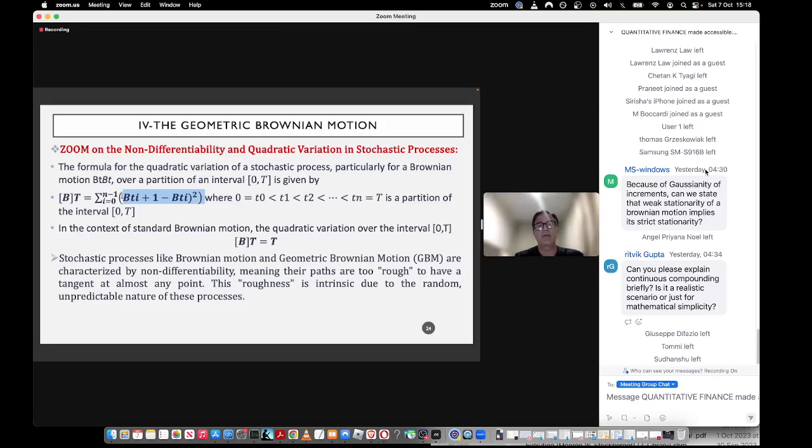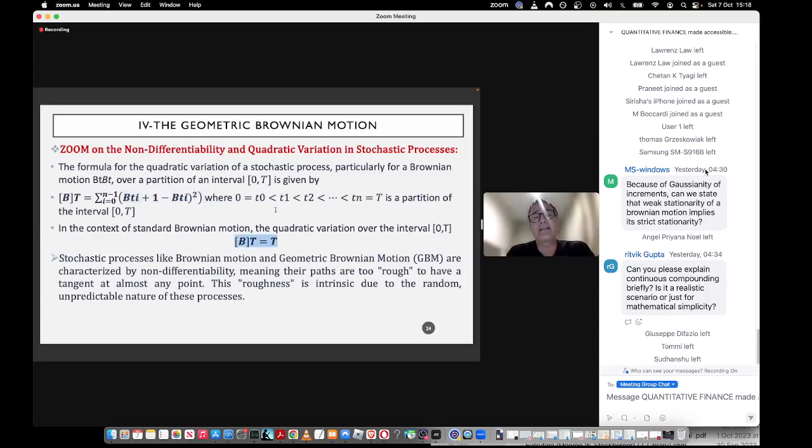Why? Because in fact, the main feature of the Brownian motion, or the stochastic process, is that it accumulates variance with time. The more time passes, the rougher and more volatile your stock becomes. Variance grows with time, and quadratic variation also grows with time. So what does it mean?